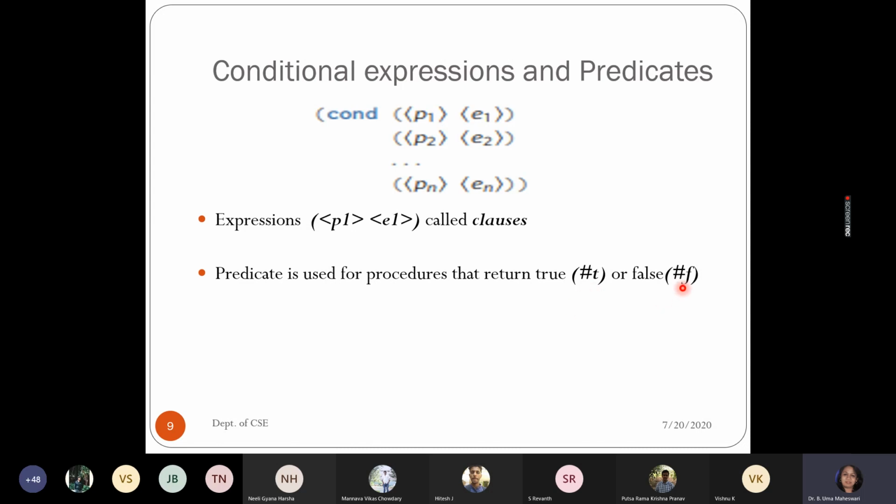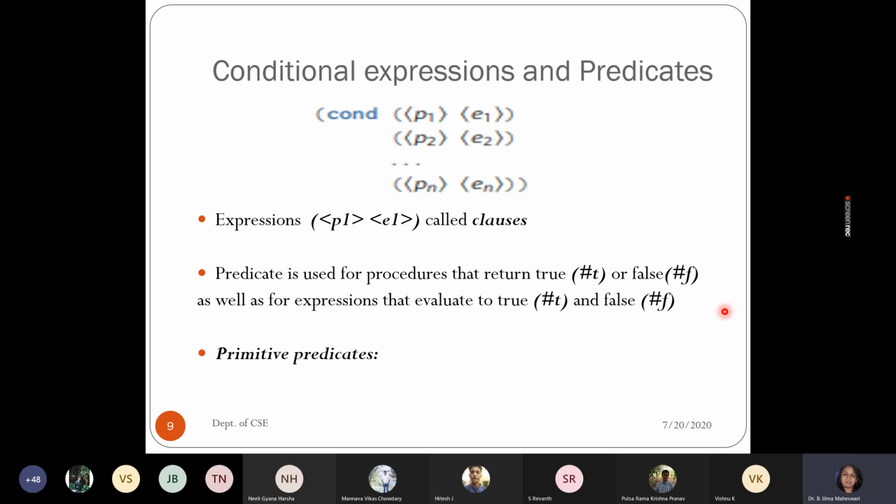If it is hash f, it will assume that it is false. So the predicate answer is nothing but hash t or hash f. What is the value returned by the predicates? It can be hash t or hash f.